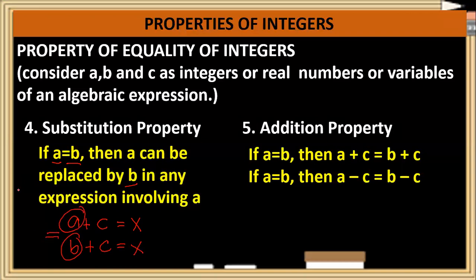Okay, that is what you call the substitution property. Because the value of A is equals to B, then therefore, pwede natin i-substitute si B sa lahat ng expressions kung saan meron letter A. Okay, an integer A.